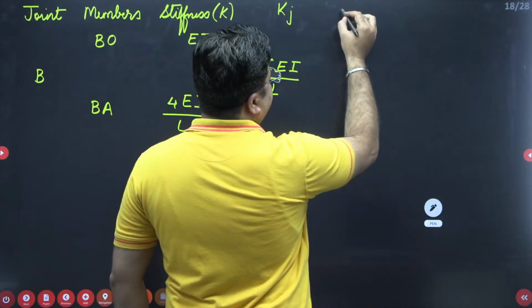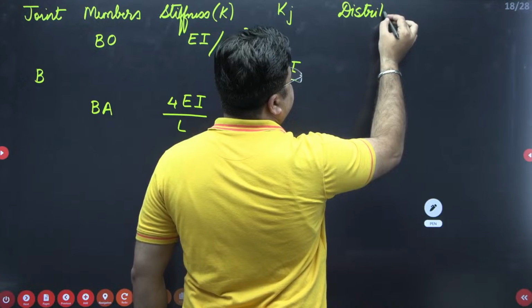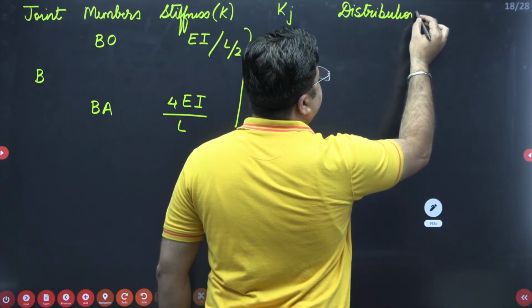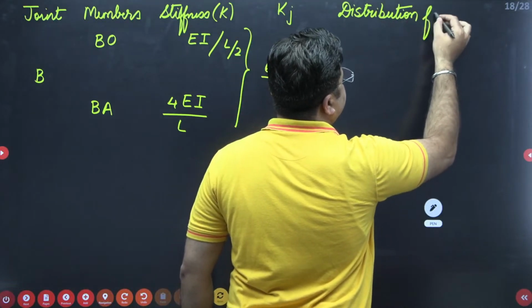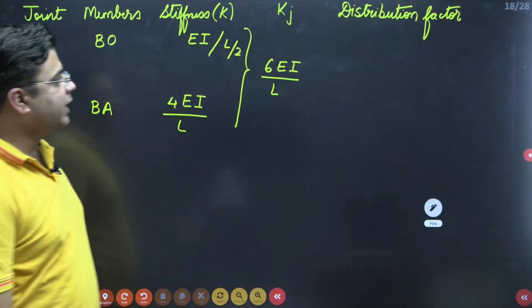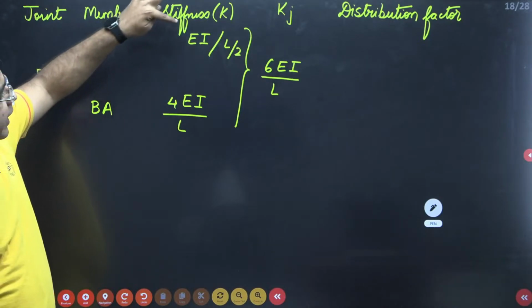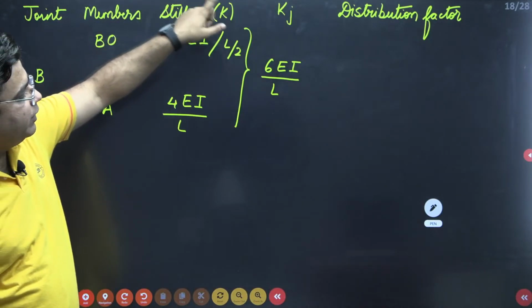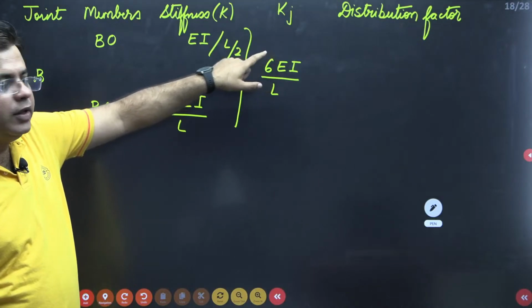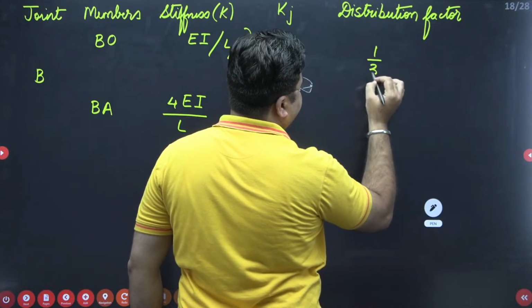Next is the calculation of the distribution factor. For member BO, the distribution factor is the stiffness of the member BO divided by the stiffness of the joint. When you take the ratio, you will come out to be 1 by 3.